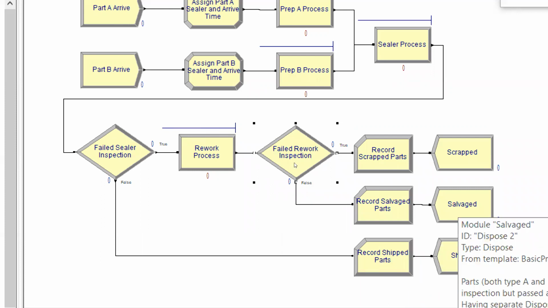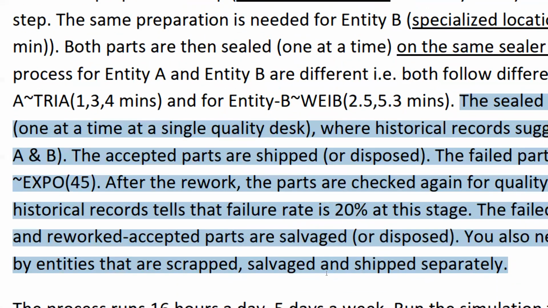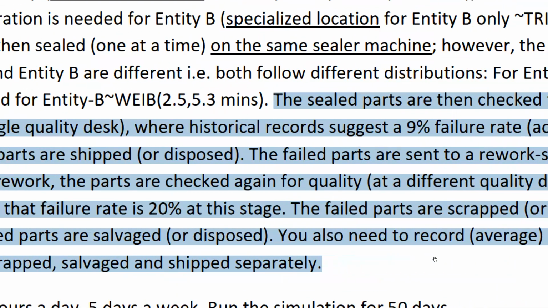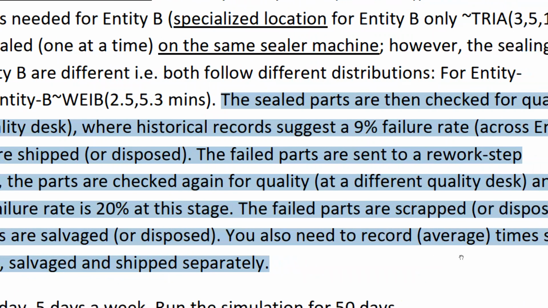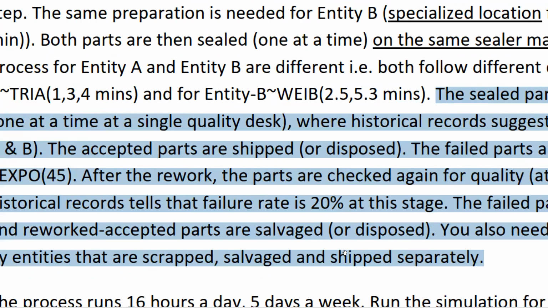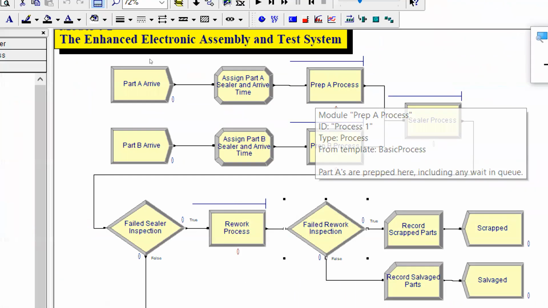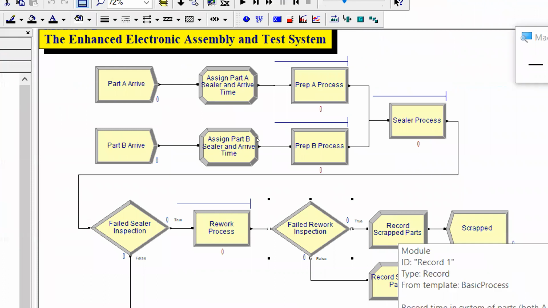Okay. Now there is just one more thing. It's asking at the end, you also need to record average times spent by scrapped, salvaged, and shipped parts in the system. Okay. So how can I record that time?